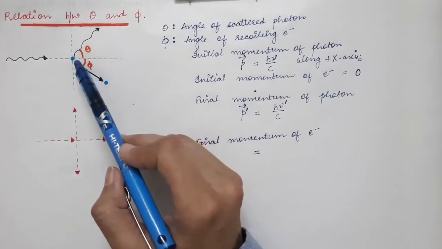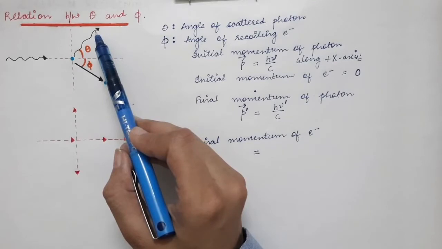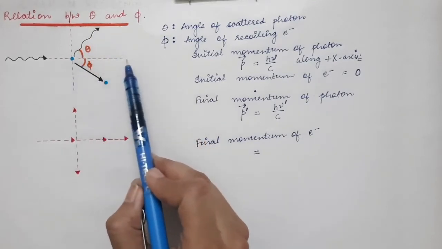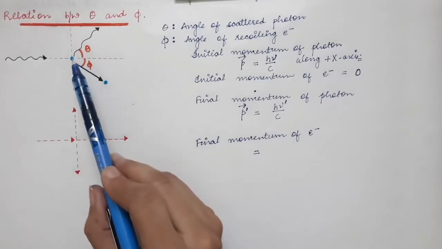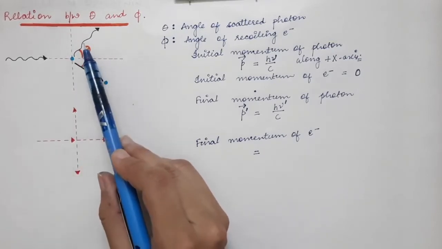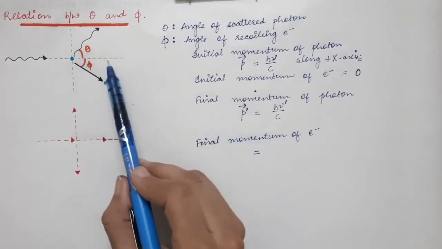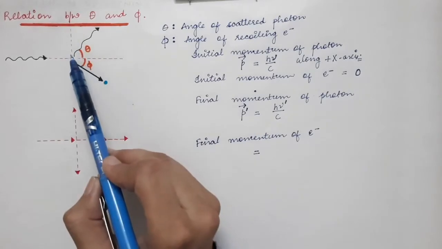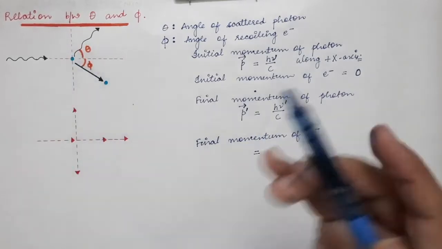Now the momentum of this scattered photon can be divided into two components: a horizontal component and a vertical component. The horizontal component will be equal to p prime cos theta, and the vertical component will be p prime sin theta.